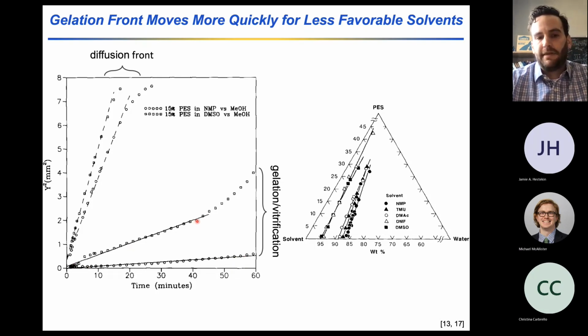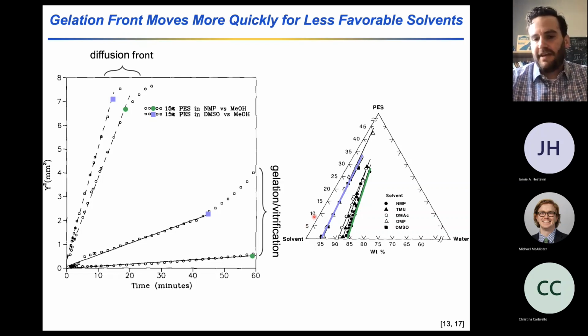Alternatively, the DMSO gelation or vitrification front grows at a much more rapid rate. I'll just put this up here to highlight the connection between the ternary phase diagrams that we discussed previously and the dynamics of the system. In Fick's law, the concentration gradient is a proxy for the gradient in the chemical potential.